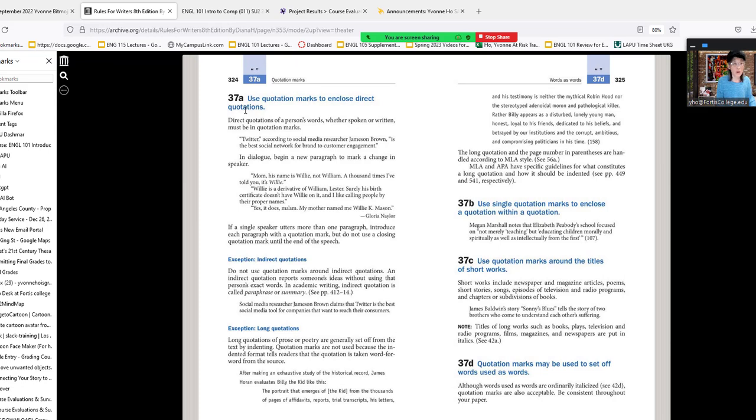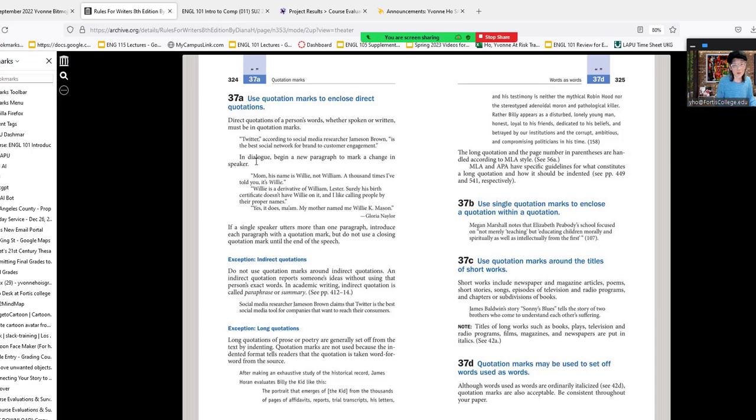Use quotation marks to enclose direct quotations. Direct quotations of a person's speech, whether spoken or written, must be in quotation marks. "Twitter," according to social media researcher Jamison Brown, "is the best social media for brand to customer engagement."